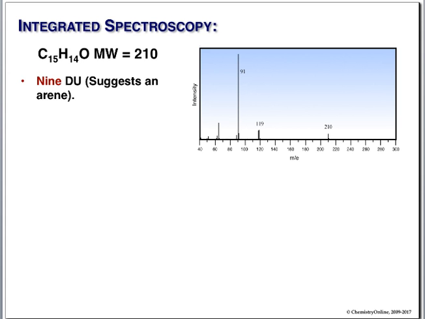So we're starting at our molecular ion, we're losing the benzyl group, aren't we? We also have a peak from 119 down to 91. How many is that? That's 28.